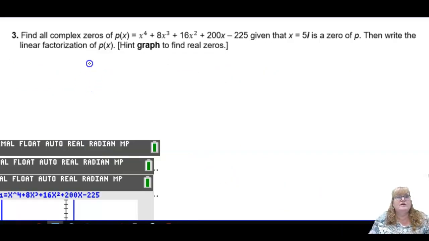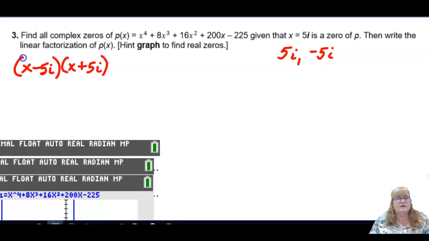Number 3 says find all complex zeros of this given that 5i is a 0, and then write the linear factorization. All right, so I know 5i is a 0, which means negative 5i is a 0, which means 2 of the linear factors are x minus 5i and x plus 5i.